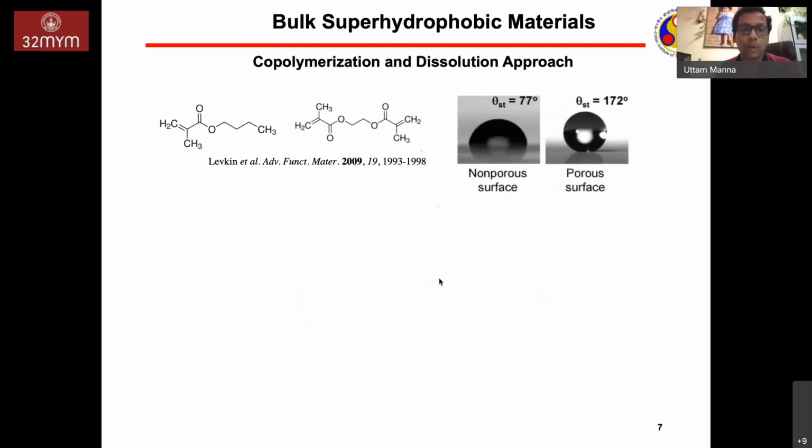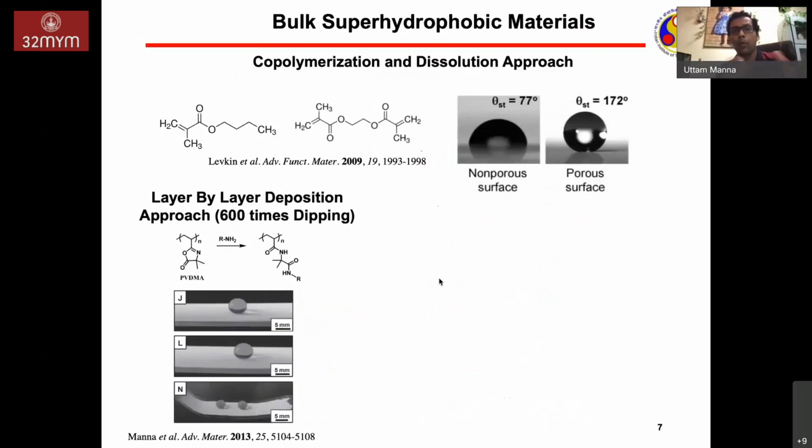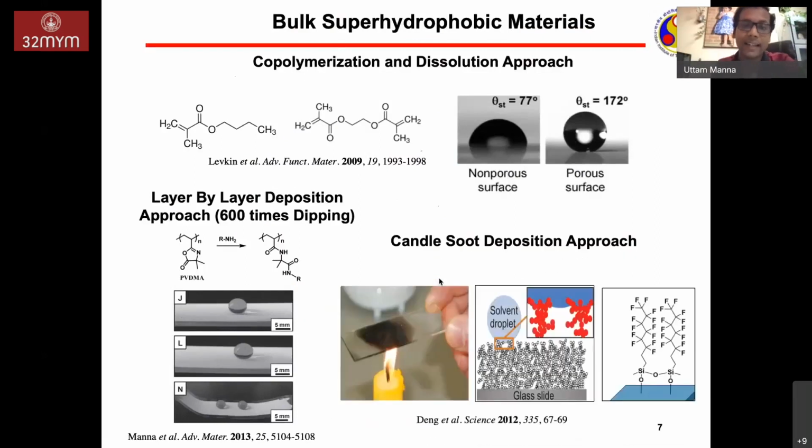of chemistry and topography. This is one of the approaches, where copolymerization and precipitation give a nanogranular morphology. But those are very fragile, and scalability is a problem. Another approach is layer-by-layer deposition, where you need 600 dippings.